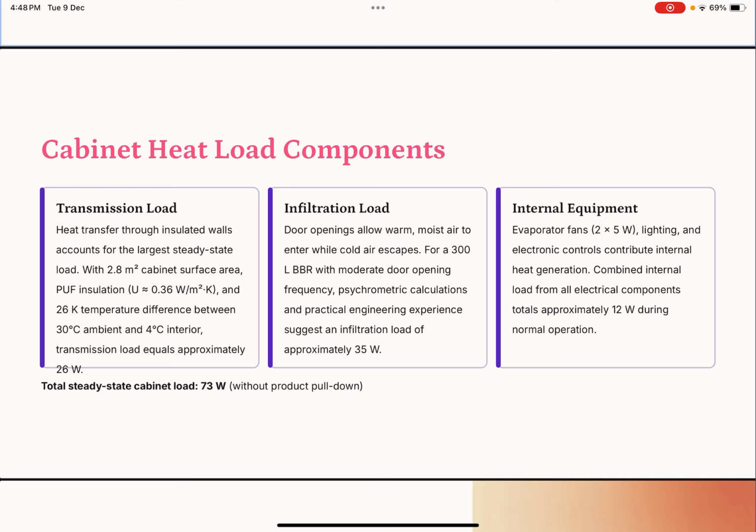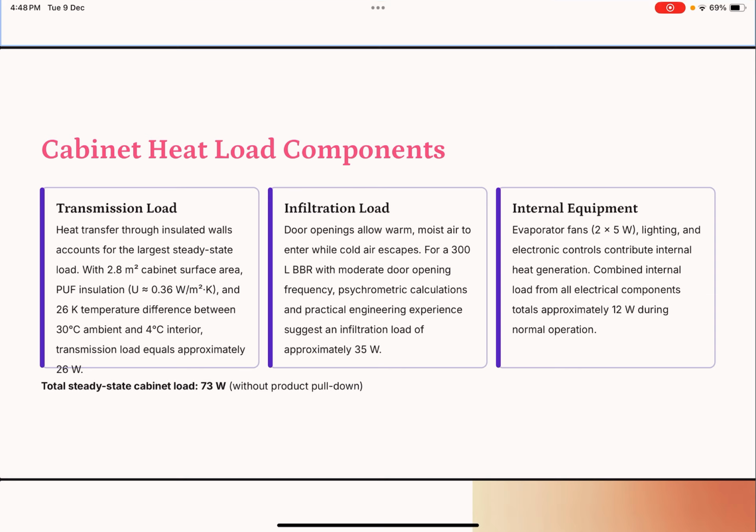That delta T you have to multiply by the cabinet area, 2.8 meter square, and by the overall heat transfer coefficient U, which is 0.36 watt per meter square Kelvin if you are having a puff insulated door. You know that doors are to be insulated in order to prevent or minimize the heat transfer.